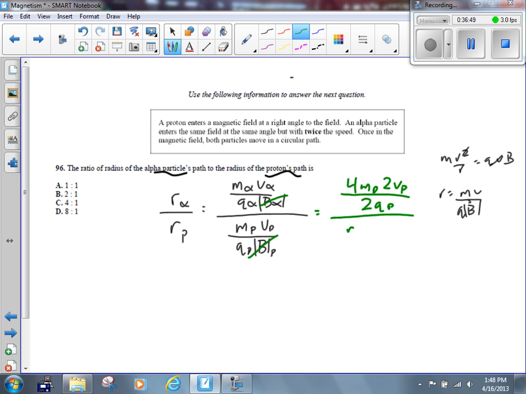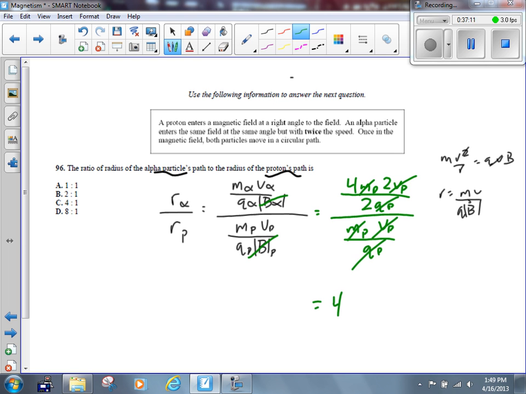The proton is just mv over q. You can put numbers in for these masses and for these charges if you want, but it makes it a lot easier here if you just cancel things out. mp cancels, vp cancels, qp cancels. I end up with 4 times 2 divided by 2 gives me 4.